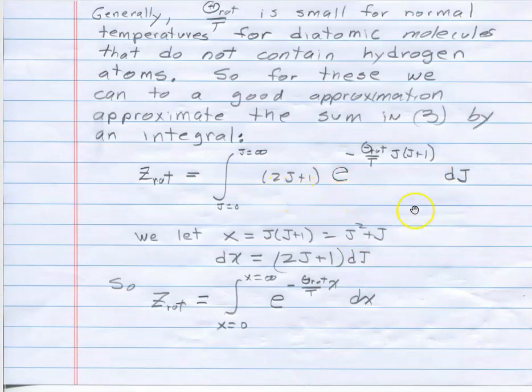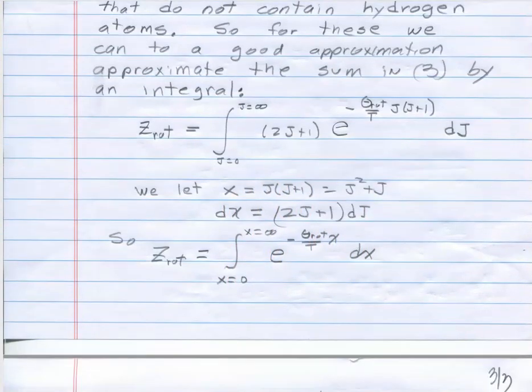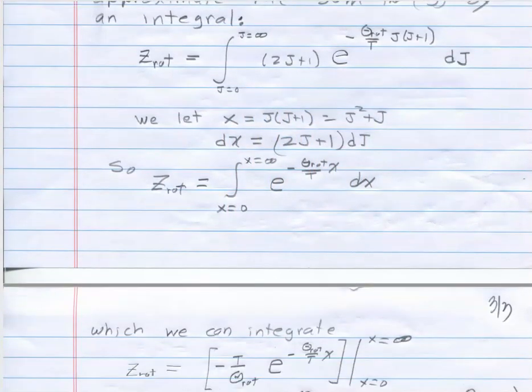So 2j plus 1 dj is just dx. And then what's up here, of course, is just x. And so I can rewrite this as an integral from x equals 0 to x equal to infinity. When j is 0, x is 0. And when j is infinite, x is infinite. And that gets it into something that's maybe a little bit more tractable in terms of just writing everything out.